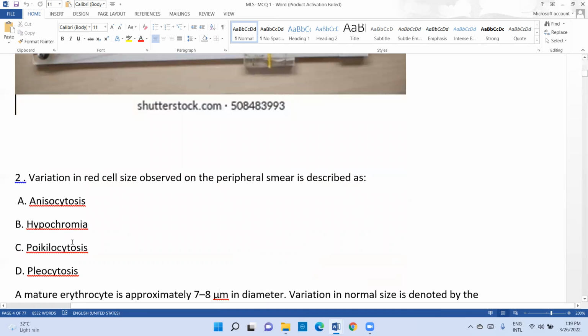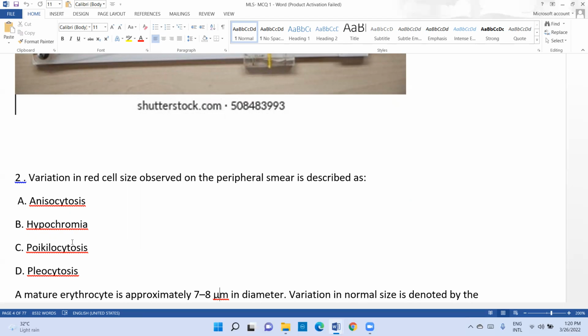Variation in red cell size observed on the peripheral smear is described as what? When you talk about the morphology of red cells, the size can change and also the shape can change. In the red cell population, you can see different sizes, or you can also see different shapes.